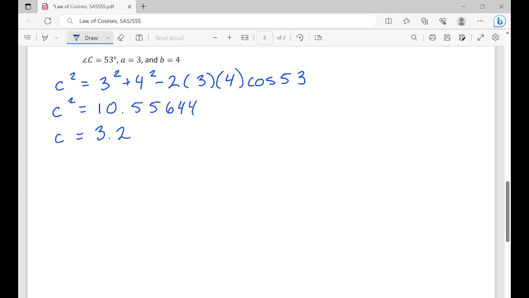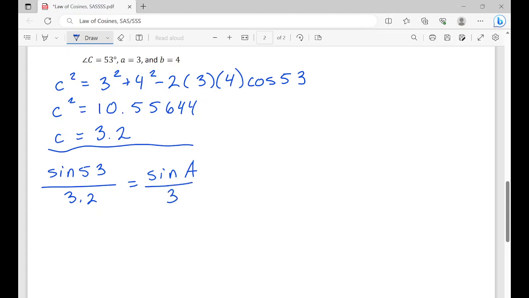Now I'm going to use the fact that C is 53 degrees and side C is 3.2, using law of sines to find sine A. That's what I'm going to do. So sine of 53 over 3.2 is equal to sine A over 3.